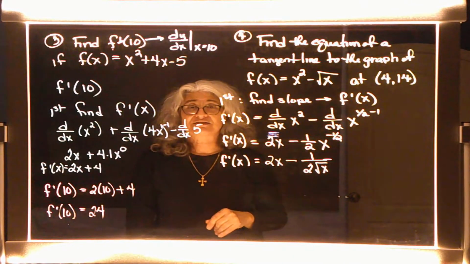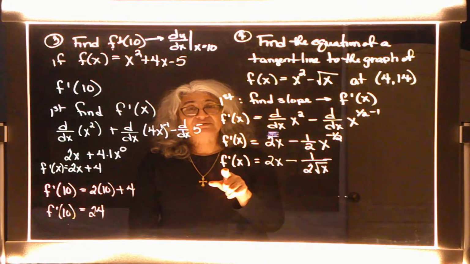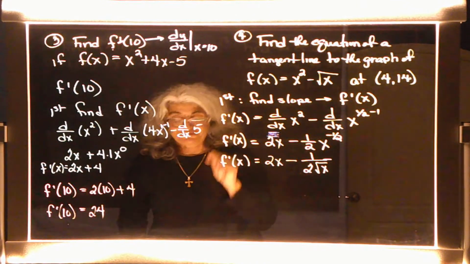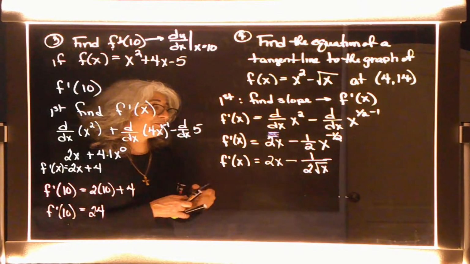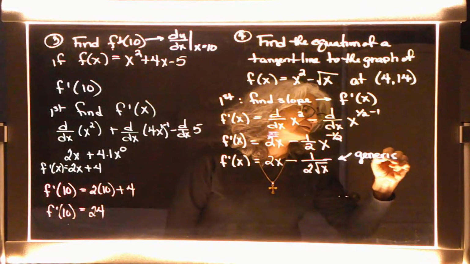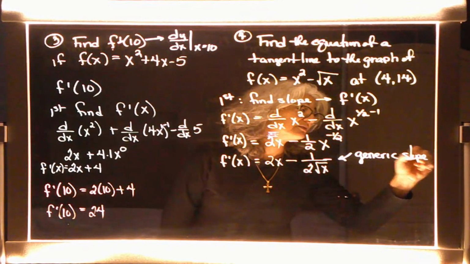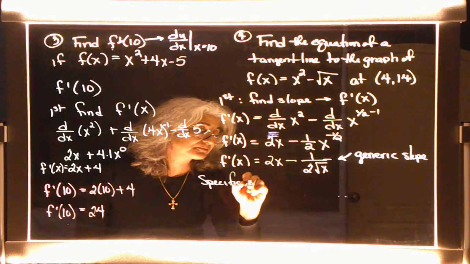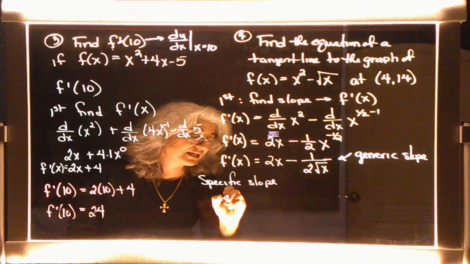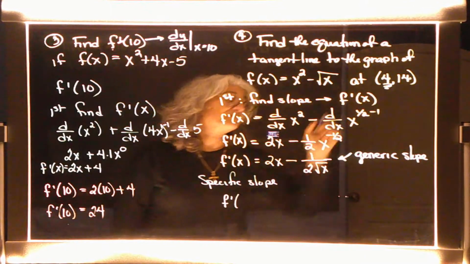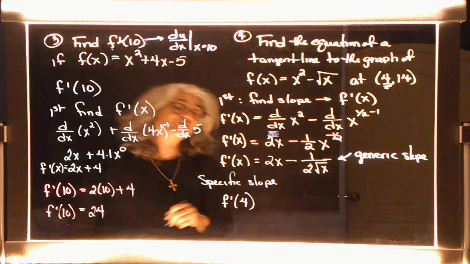Gratefully, I have an x because this says the derivative of the function at x. So to find the specific slope, remember, this is the generic slope. To find the specific slope, we got to do f prime of, yeah, my x is a 4. So I'm going to plug in 4 here.